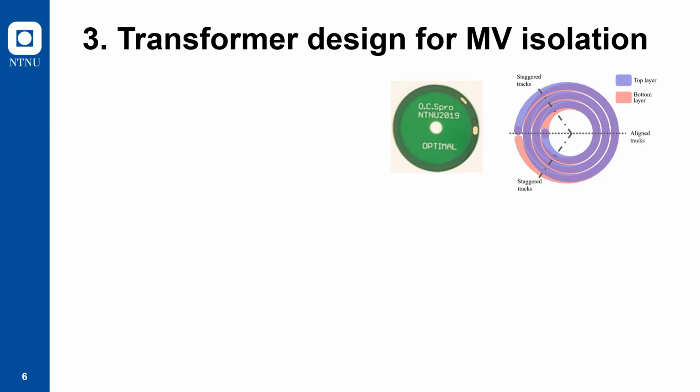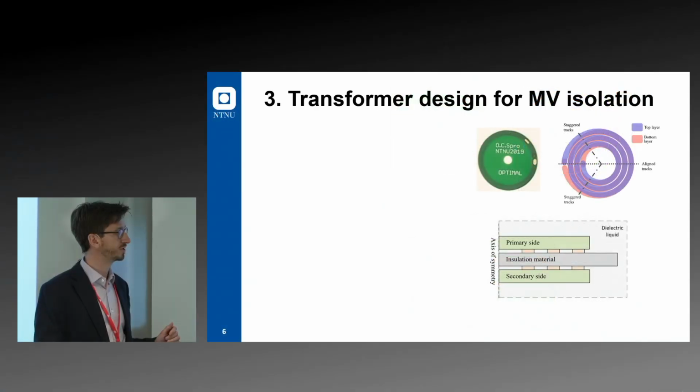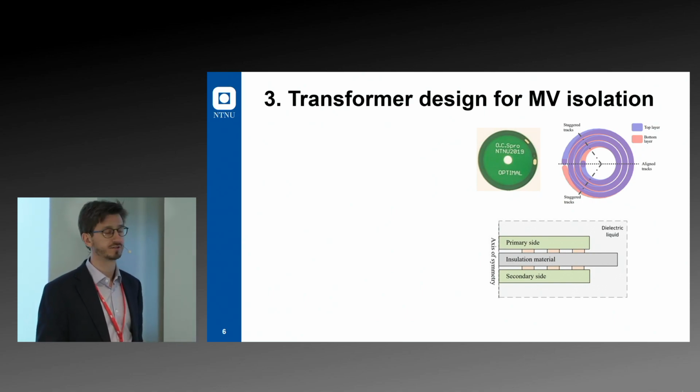Then we can take a cross-section of that and represent that geometry in a 2D axisymmetric way. So you see, on the primary side we have a PCB with a number of printed windings, in layers and turns. We chose a solid dielectric material in between, and then we have the secondary side mirrored.